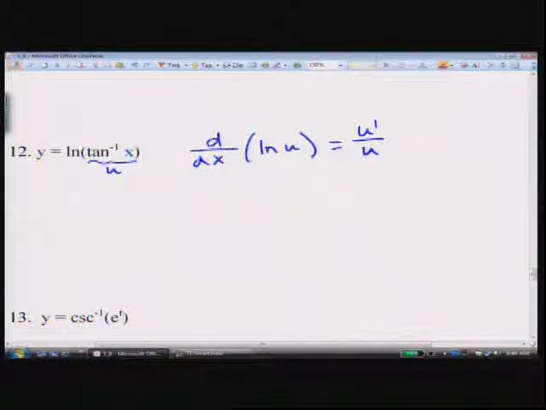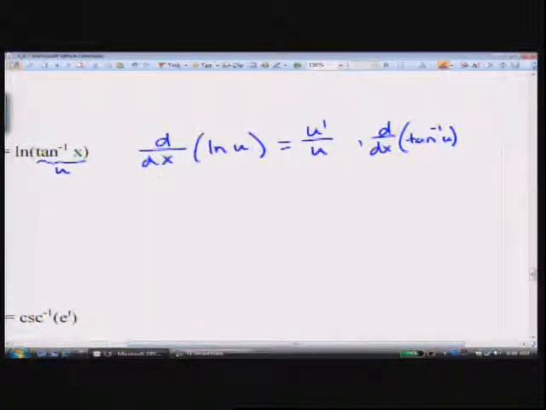So we're going to also need to know the derivative of the inverse tangent of whatever function. Now, this is a different u, but the derivative of the inverse tangent of u is u prime over 1 plus u squared. So you have to get your brain kind of around all of this stuff.